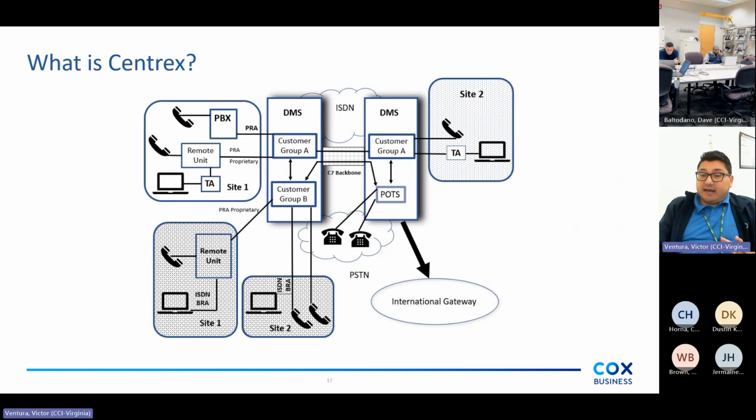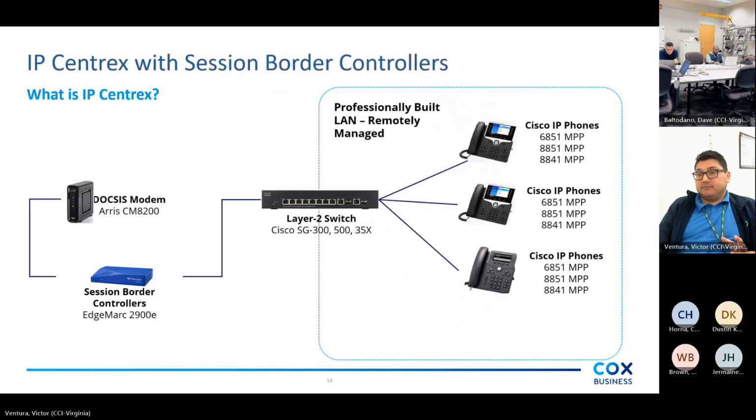So when we say IP Centrex, which is our product, IP Centrex is a combination of the central exchange, kind of like a telephone exchange. It provides functions similar to a PBX, but it's provisioned with equipment owned and located at the service provider, in this case, Cox.